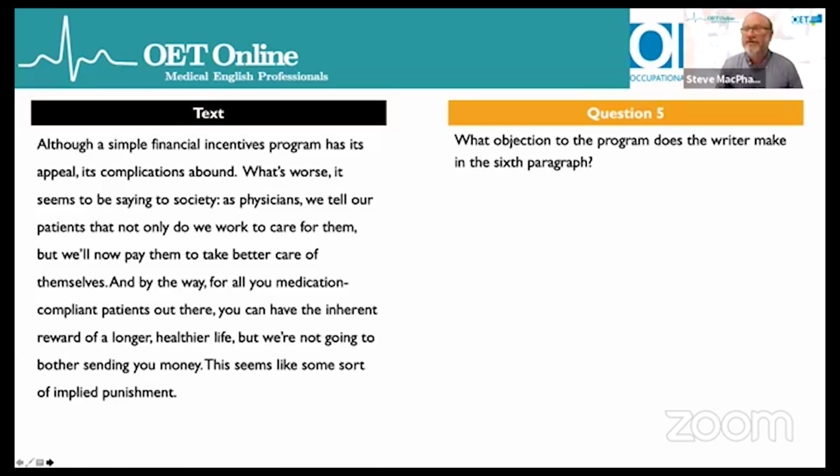So we're going to read our text this time. So we use QTA, because we want to find out what he or she objects to. So let's read through this. I'll give you 1 minute again, everyone.